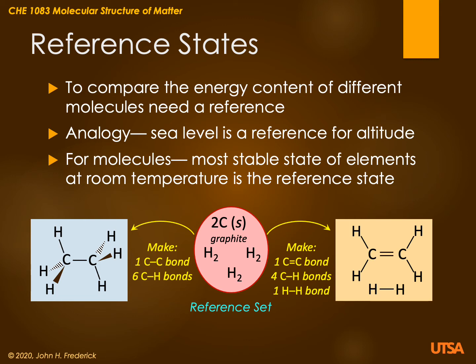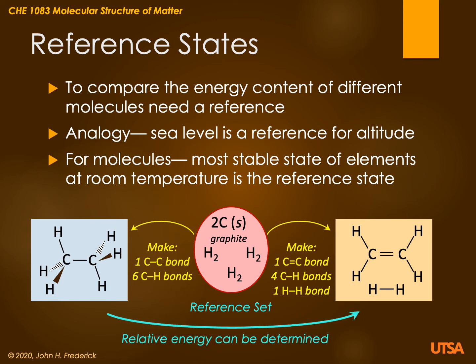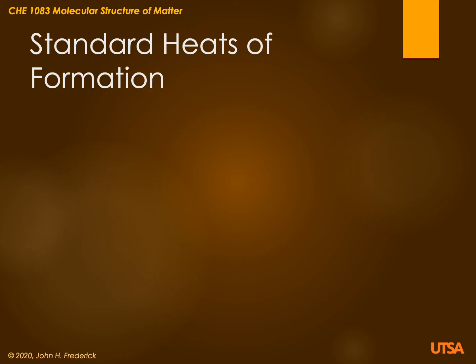I can compare their relative stability now because I have a reference state against which I can compare them. So if I compare how I go from the middle part, the collection of atoms and elements at their reference set, to each of these outcomes, I can now determine the relative stability or the relative energy of these 2 outcomes.